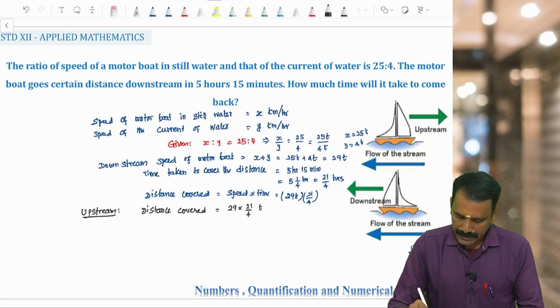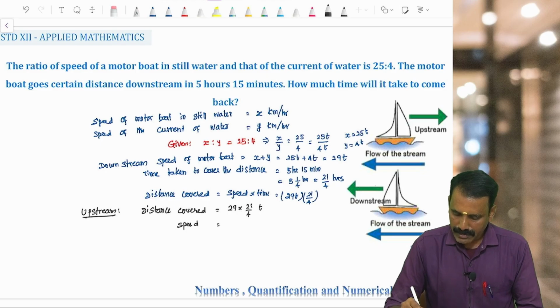Now the speed, because it is upstream, it is going to be x minus y, that is nothing but 25t minus 4t, that is equal to 21t.